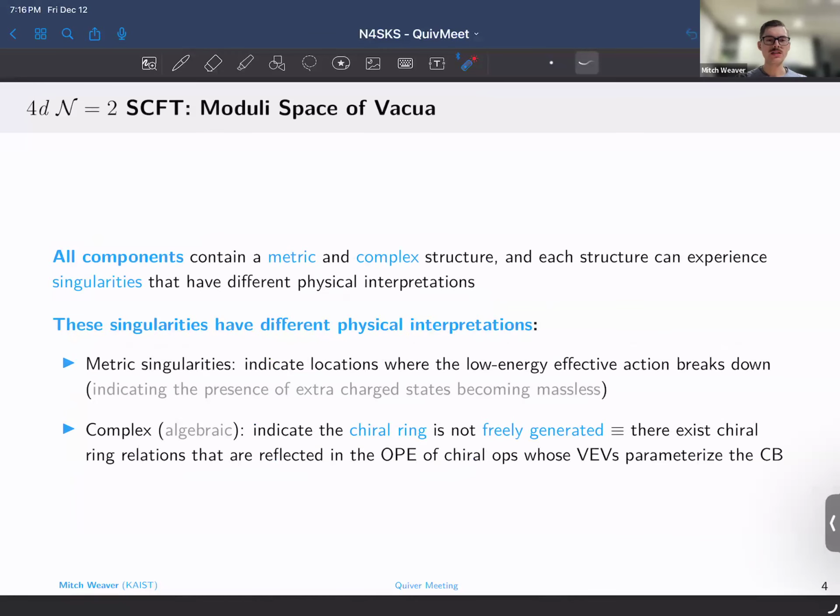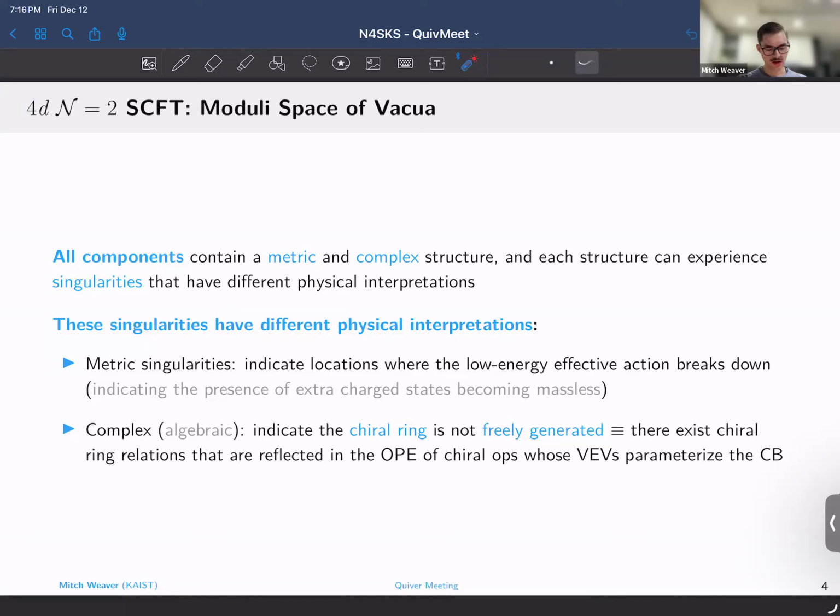So each of these components, both Higgs and Coulomb, have a metric and complex structures associated with them. And each of these structures can experience singularities, but the physical interpretation of what's actually happening at the locations of these singularities is a bit different, or rather, even why they happen.